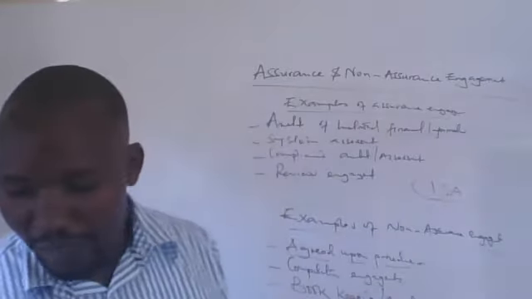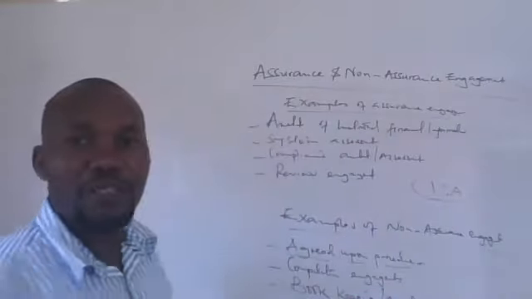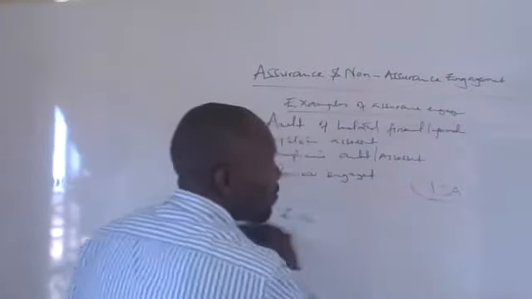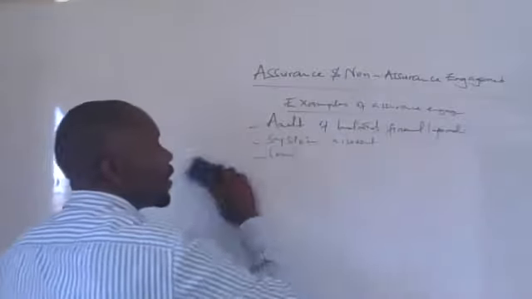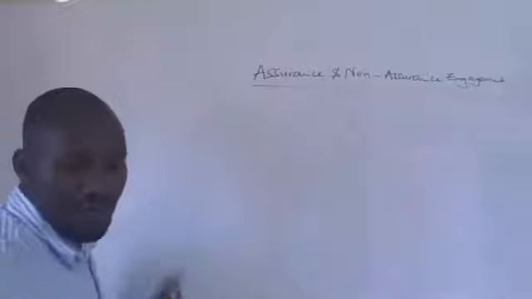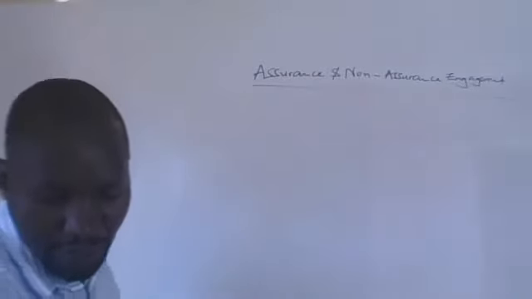Now, the next stage that they normally ask in topic 1, they will ask you about elements of assurance engagement. These elements are the best way to differentiate between assurance engagement and non-assurance engagement. So they will ask you about elements of assurance engagement.